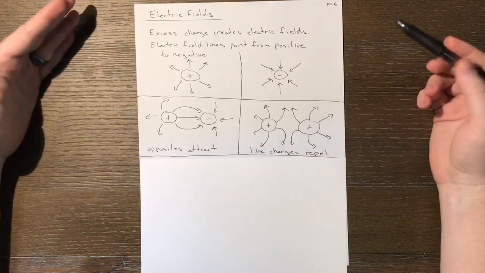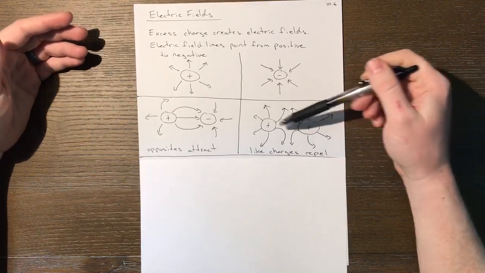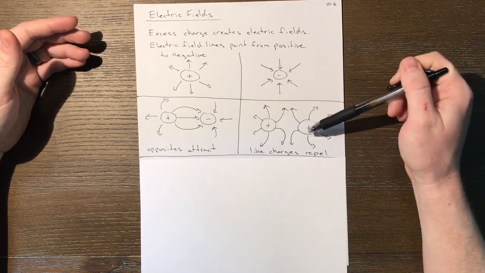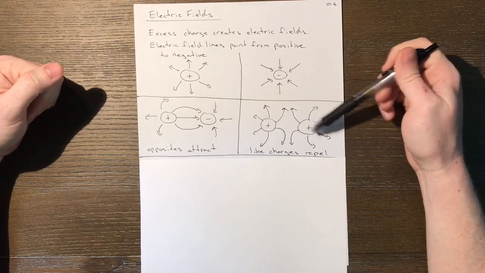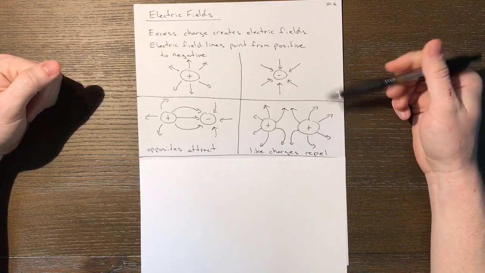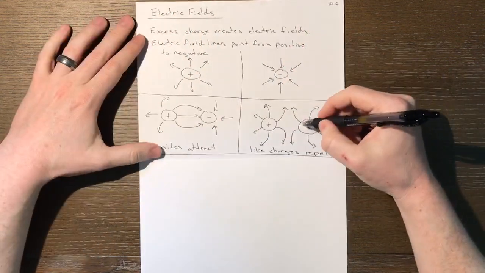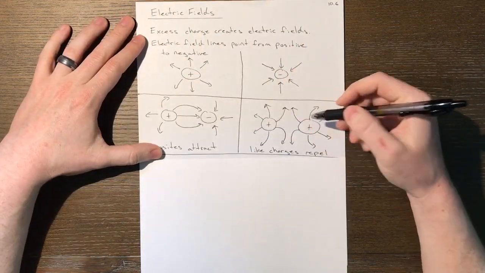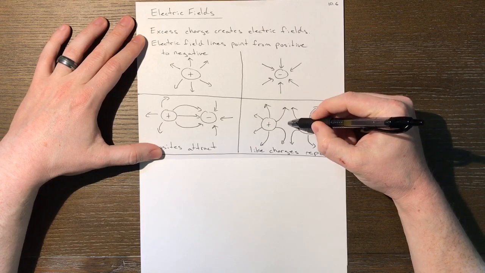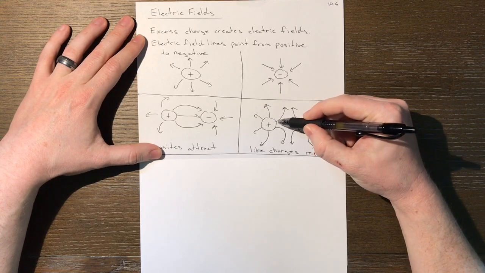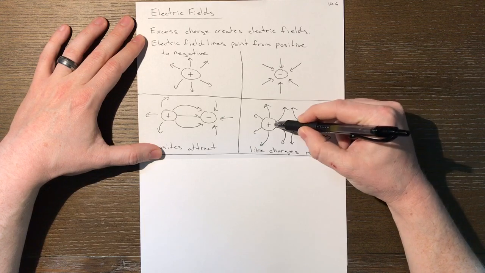Well, the other situation is two similar charges, or two like charges. Here I drew two positive charges. The field lines want to go away from the positive charges, so they start out leaving the proton, but if this were to head straight over, it starts going towards another proton. We shouldn't have field lines pointing towards a positive charge.